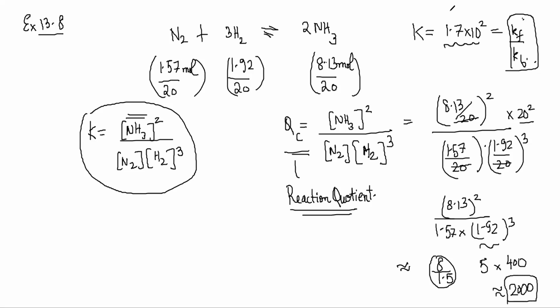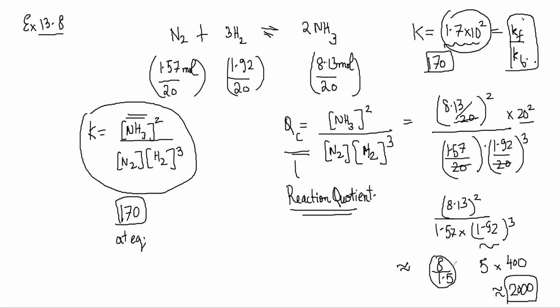However, K value should have been 170 at equilibrium, right? But right now, at the initial moment, the value of Q is 2000.